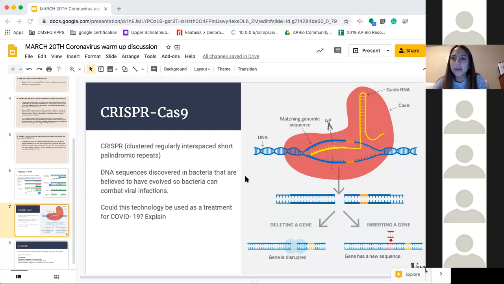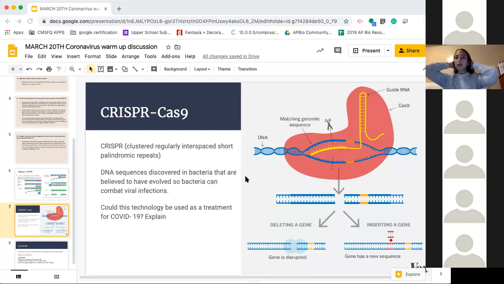Anybody, do you think we could maybe use this with COVID-19? I think we can. Yeah? How? Because we can cut the section where the virus DNA is inserted into our DNA, and that way eliminate it.